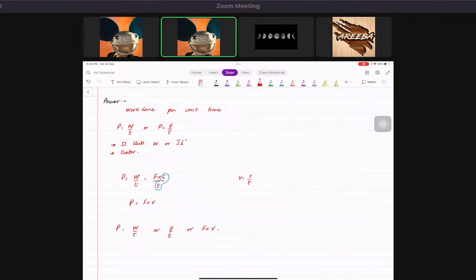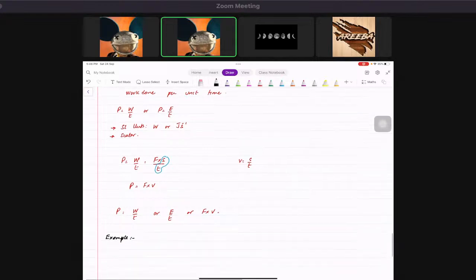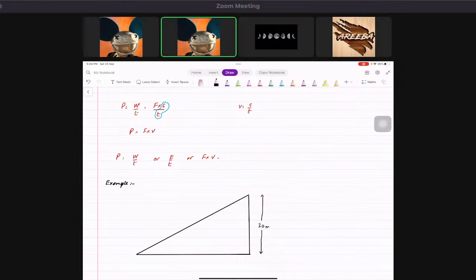Now, speaking of this, we can actually go towards the example. Suppose that there is an escalator that has a height of 30 meters and a length of 60 meters.